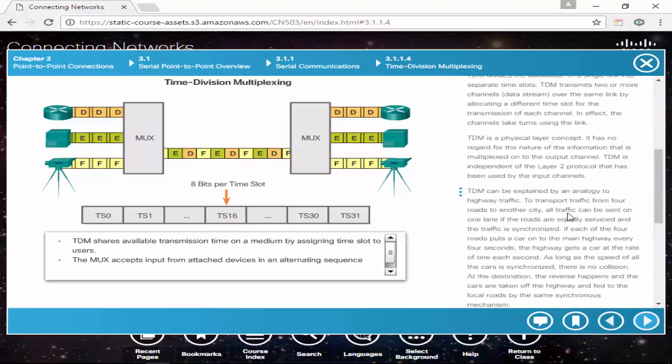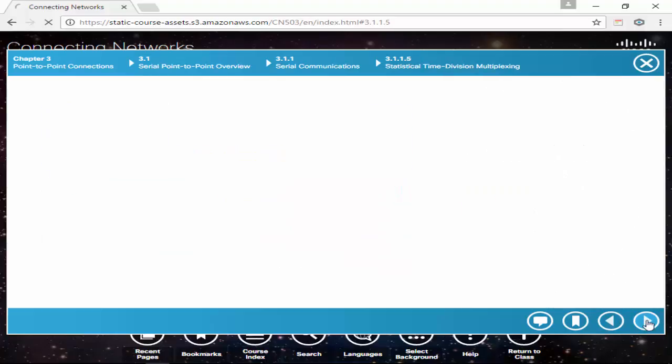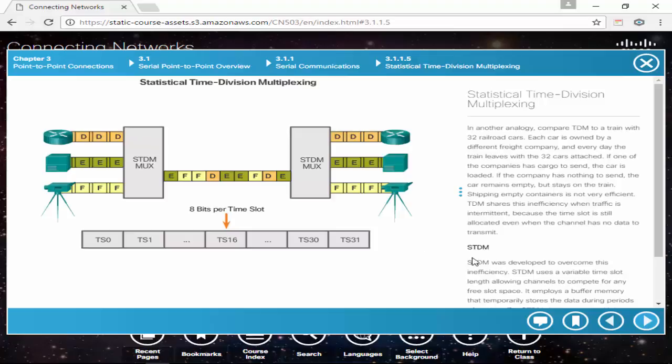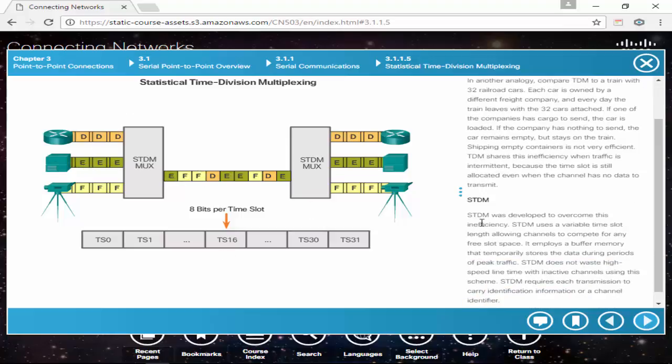But then we have STDM over here. This is what they would use, because if we're just doing each time slot, and say one of these devices wasn't sending, then we're just wasting that. What STDM does is it still uses the time slots, but if someone isn't using their time slot, as we can see here, it would probably be D, and so F used both time slots, and here E didn't.